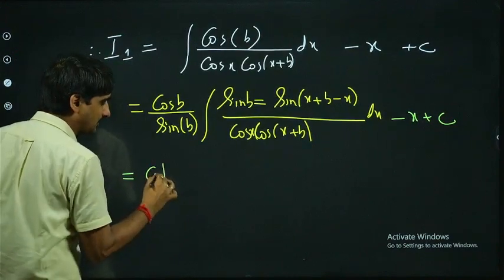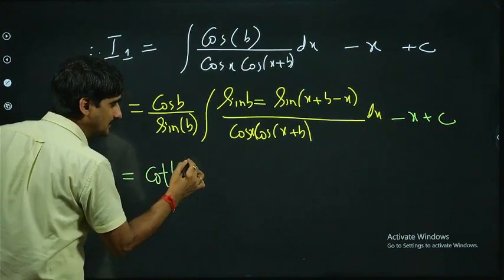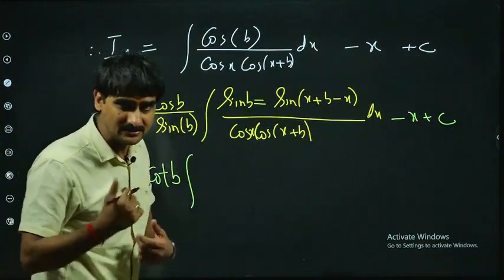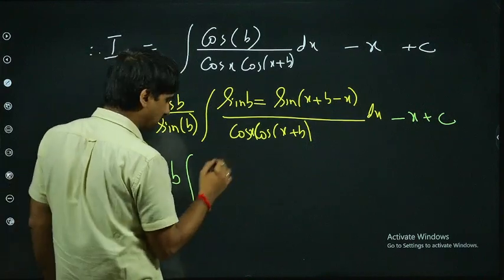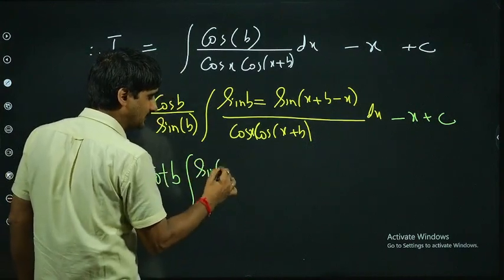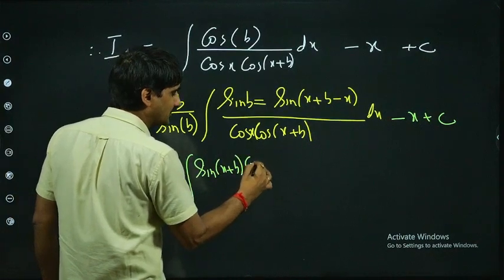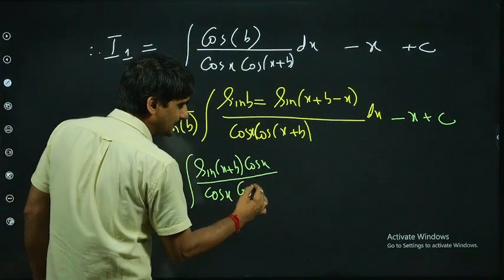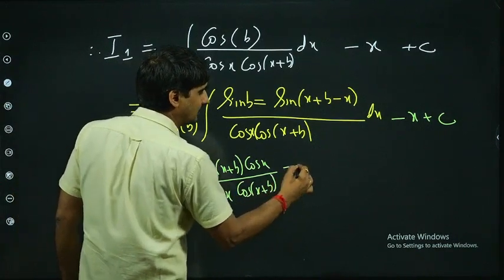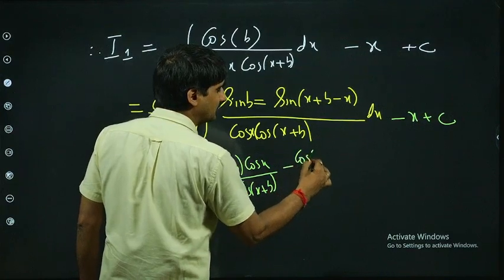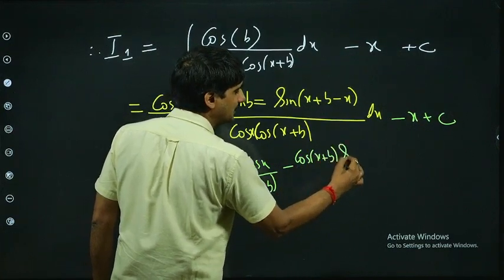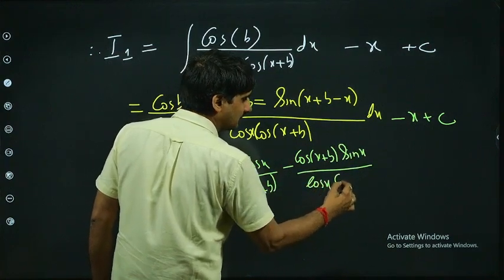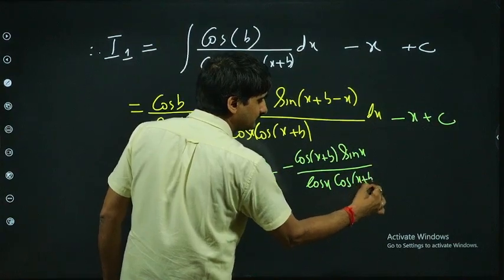So what am I going to get? I am going to get cot b here, and then it is integral of sin a minus b identity, what is it? So sin a cos b. So shall I write sin of x plus b into cos x? That's what I said. And when you divide it with the denominator, one term in the denominator is gone. So similarly, minus cos of x plus b into sin x, and then we have cos x into cos of x plus b, bachon.